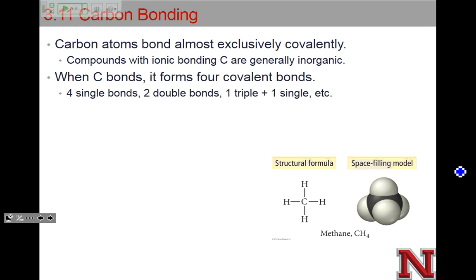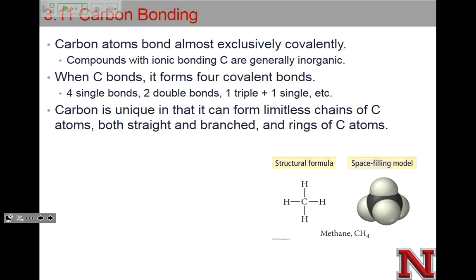Okay, so carbon likes to bond in 4 single bonds. It can also form 2 double bonds or 1 triple bond, but in total, when it's neutral, carbon always forms 4 bonds. You don't really have to memorize that right now. We will discuss why a bit later, and in organic chemistry, we will talk about why in a lot of detail. So most of you in here probably have to take organic, so you're going to be seeing this in more detail.